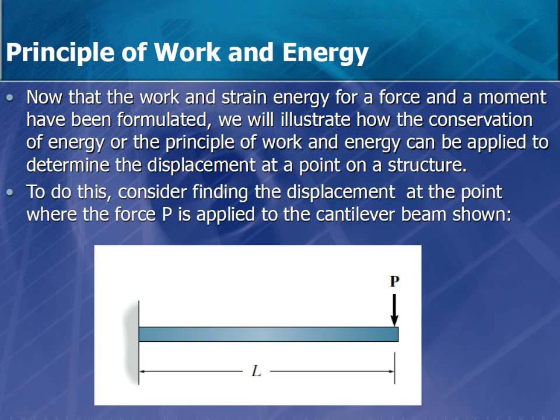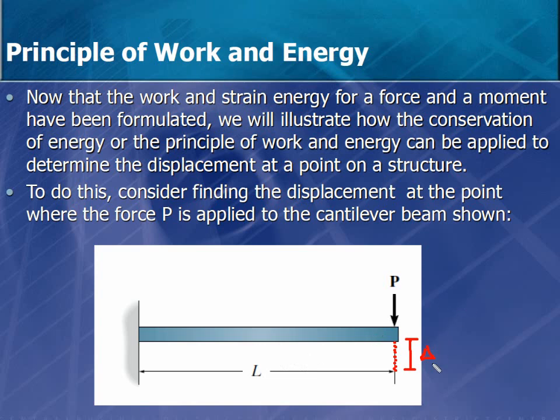Now the aim is to calculate delta, or deflection, under the load, because we know that the external work is equal to 1 over 2 P times delta, and the delta is the distance under the load. Now you realize that we have a problem here, because external work done by a force is going to get the deflection under the force. So what if I want to find it here? We can explain this one in a bit.